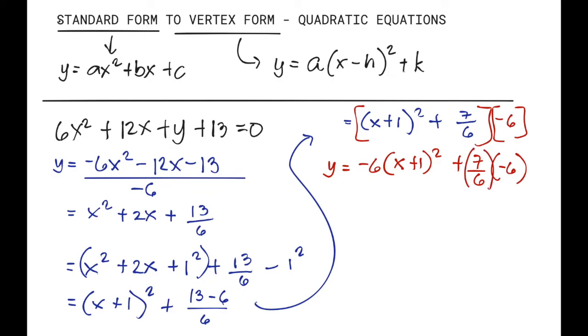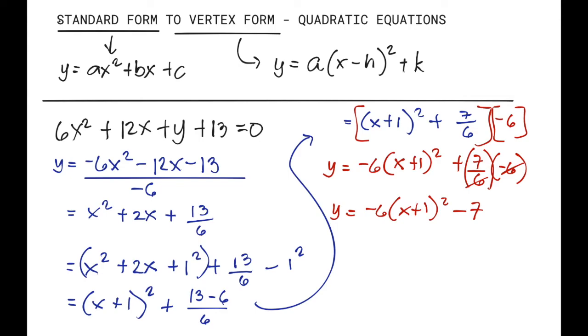Okay, and by the rule of multiplying fractions and whole numbers, we will have negative 6 times x plus 1 squared. Since this is a positive and this is a negative, our sign here will be negative, and the 6 you can cancel out, and then we will get a 7 here.